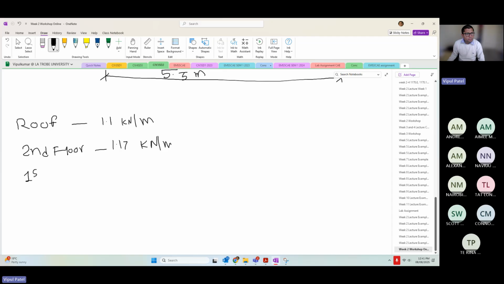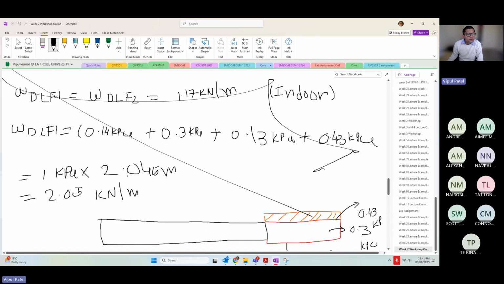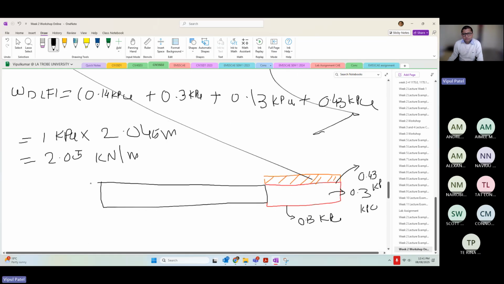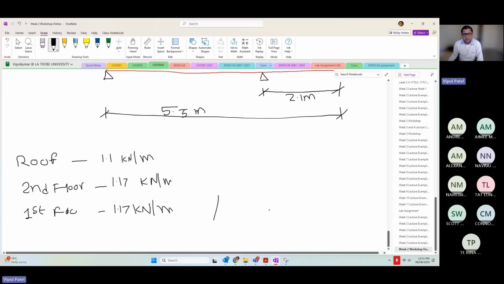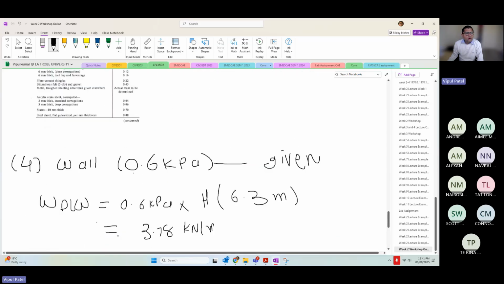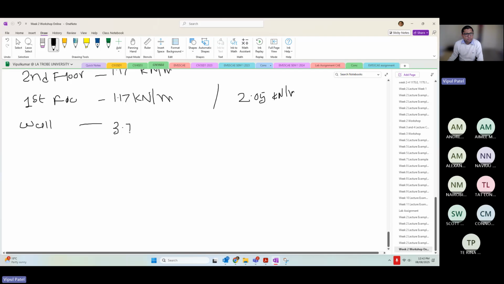Then the first floor has two: one is indoor, 1.17 kilonewton per meter, and another one is outdoor because of the balcony, and that outdoor was 2.05 kilonewton per meter. And then finally we have the wall. The wall is providing 3.78 kilonewton per meter.